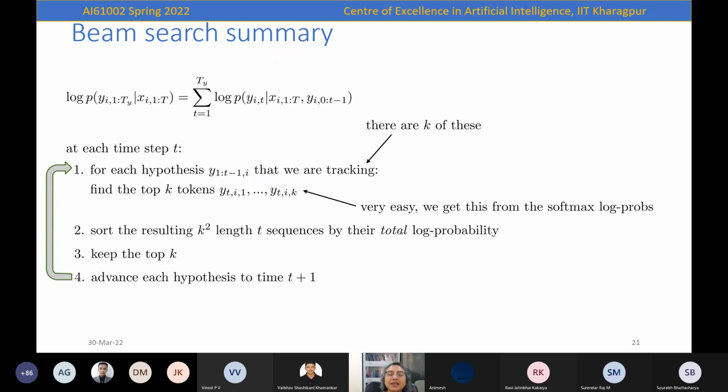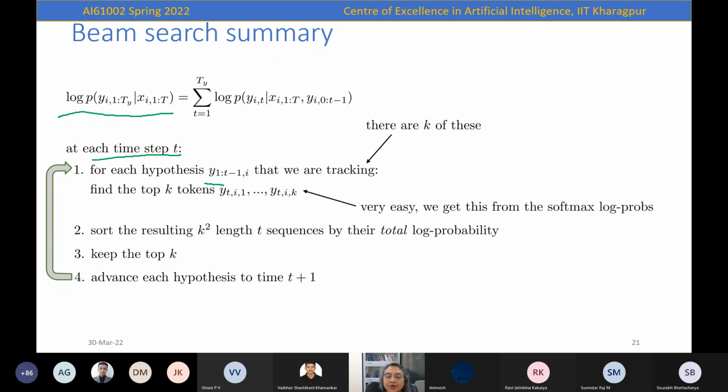So in summary, in beam search, we have this formula to find out the score of a sequence generated thus far by using the sum of the log probabilities. And how does beam search proceed? At each time step t, for each hypothesis we have got in the previous time step, in the previous time step we have k hypotheses.